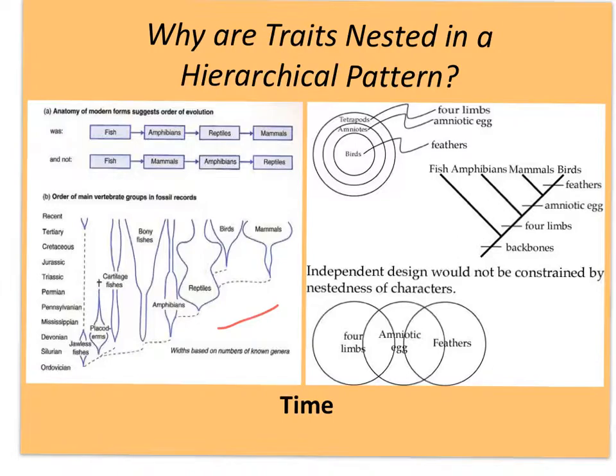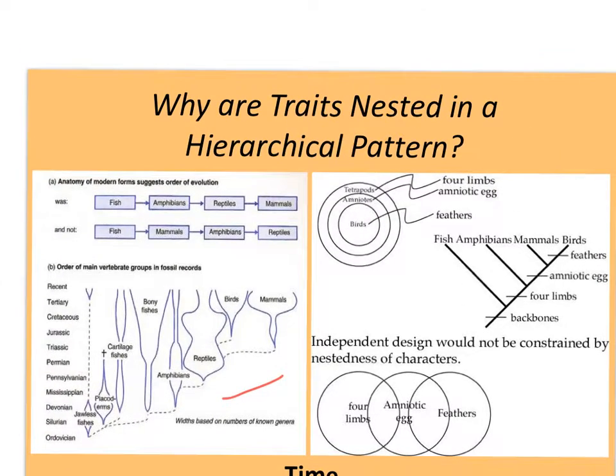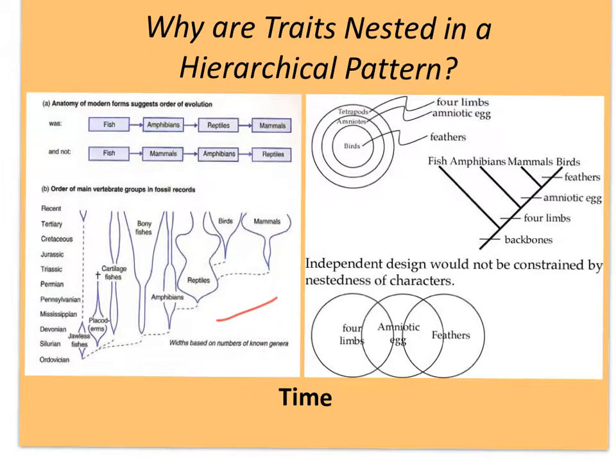Now remember, if we're looking at a phylogeny, it goes from old to new, or more recent. So mammals and birds are more recent than when amphibians first showed up. Now, what we mean by nested, for example, in this phylogeny, is that all these individuals have a backbone, the vertebral column.